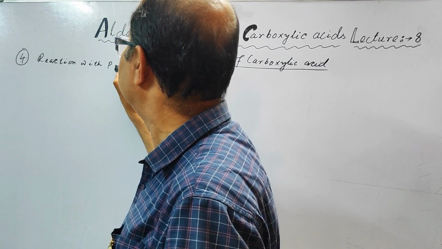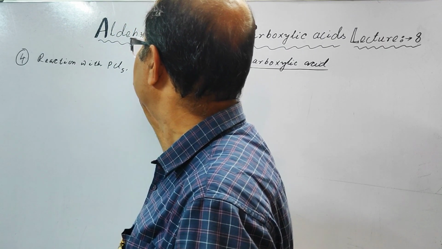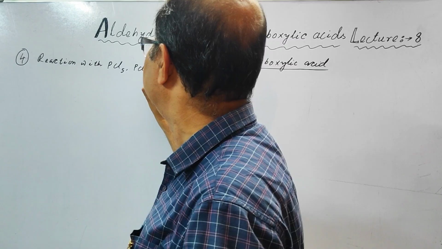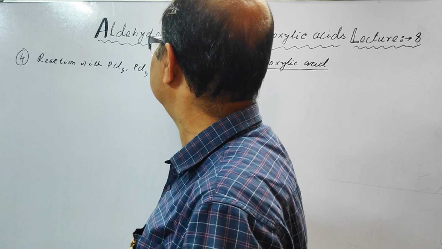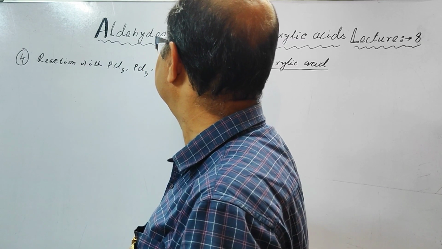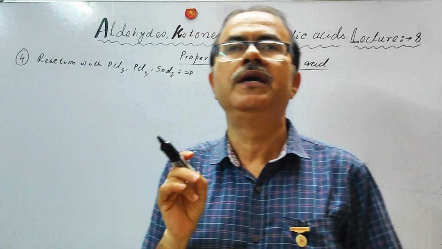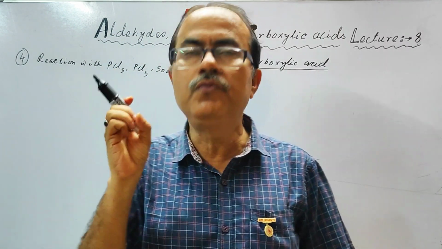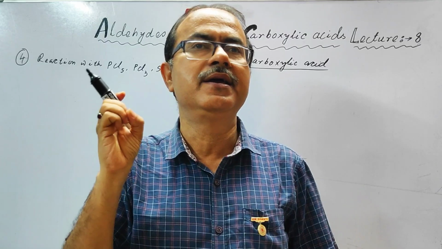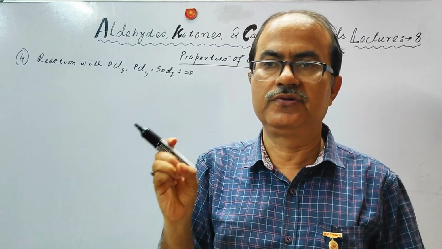PCl5, PCl3 and SOCl2. Here this reaction resembles the reaction with the alcohol also. In alcohol, the OH group has been replaced by the halogens.